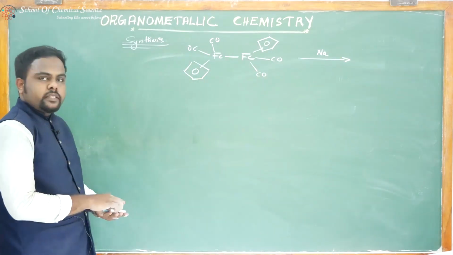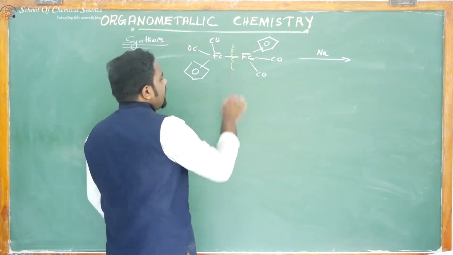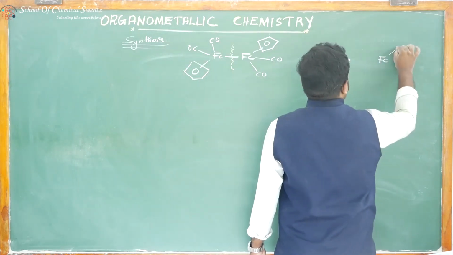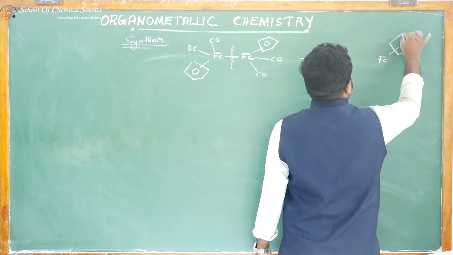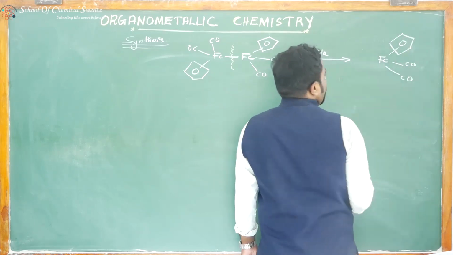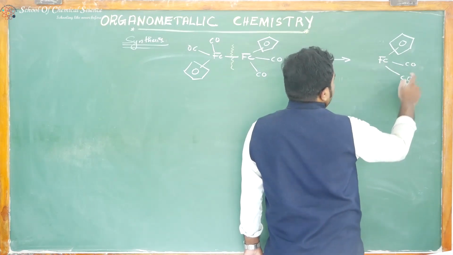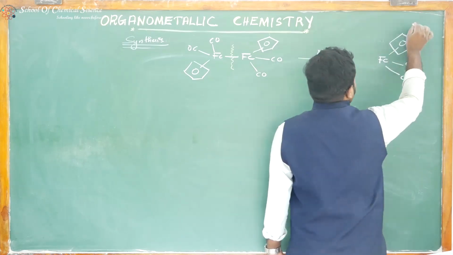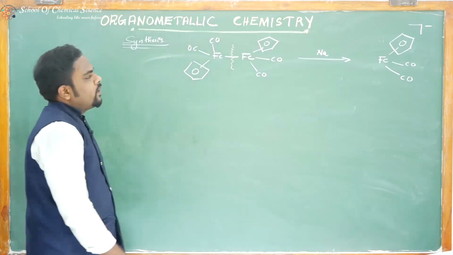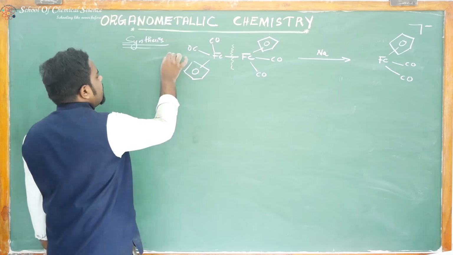What will be your product? Here two metals are there, so divide equally. So what do you get? Fe, Cp, CO. What is the electron count? 8, 10, 12 plus 5, 17. Add one more electron, 18. So that will be your product according to the 18 electron rule. Then fourth question.